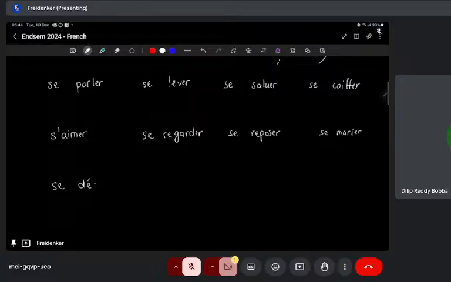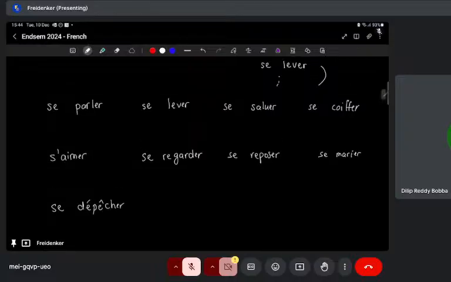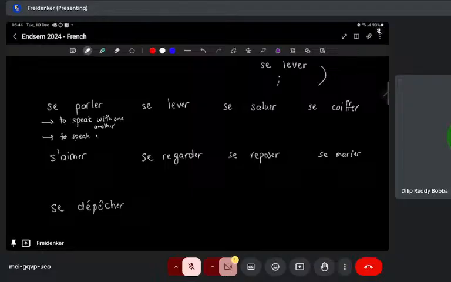Se dépêcher. Okay, fine. So parler is to speak. Se parler has two meanings. It's either to speak with one another, or it means to speak with oneself.